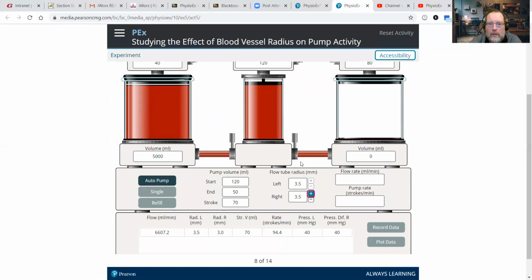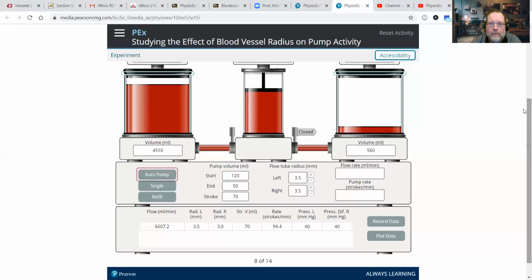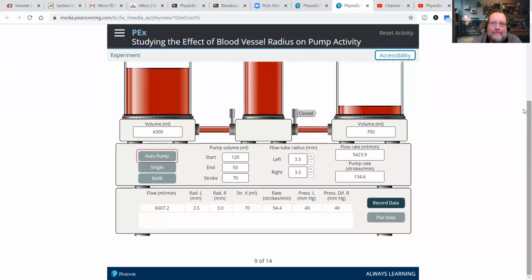Okay, so it wants us to increase the diameter. So we're going to increase flow rate. We're going to decrease resistance. So we're going to auto pump that. And again, this is what we should see. Stroke volume is 70.